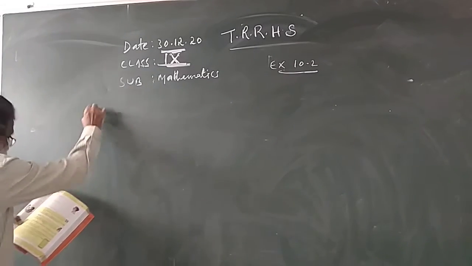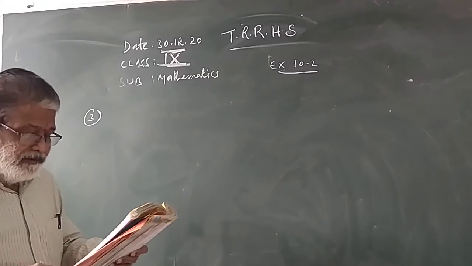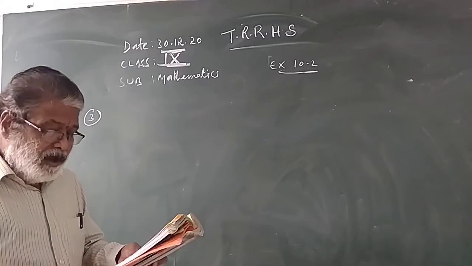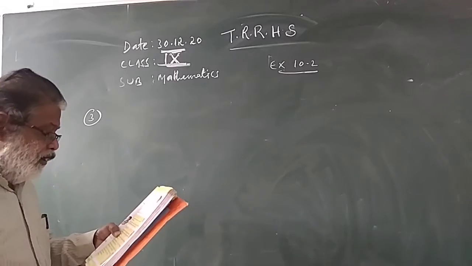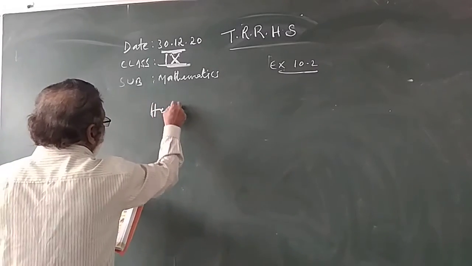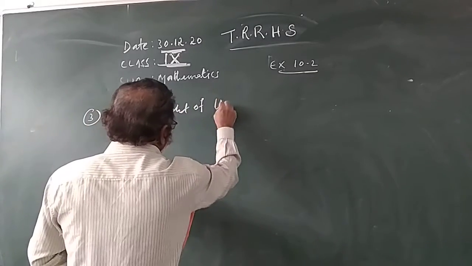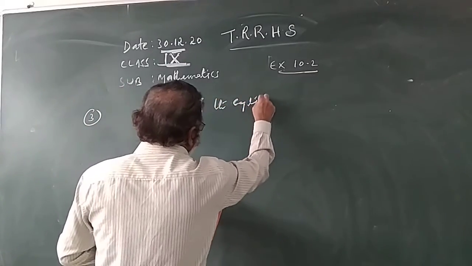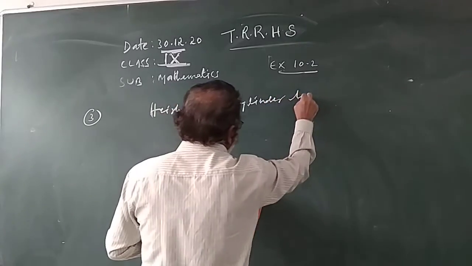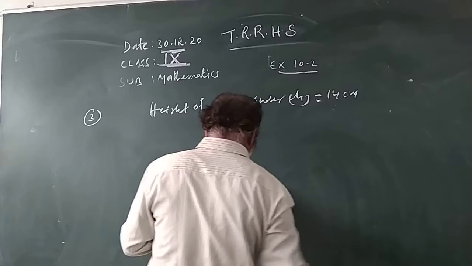A metal cuboid of dimensions 22 centimeters, 15 centimeters and 7.5 centimeters was melted and cast into a cylinder of height 14 centimeters. What is its radius? Height of the cylinder: h is equal to 14 centimeters.